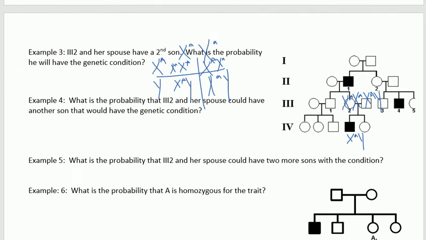We are asking about a son. So we don't even need this top information. So if we look, out of the 2 possibilities, there is 1 out of 2 chances. So we're looking at 1/2, because we are not going to take into consideration the daughters, because they are only asking about the son.